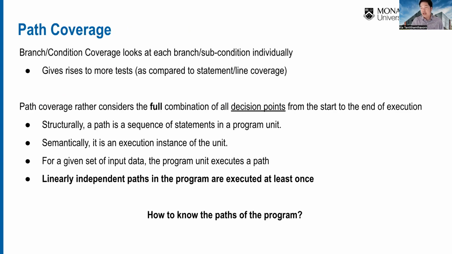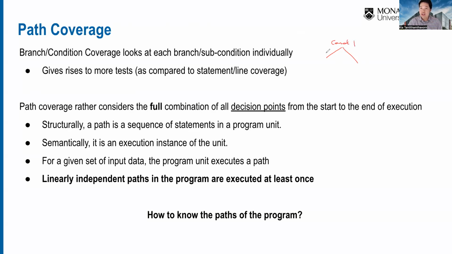So basically, what is path coverage? What I want to say here is that last time when we talked about the branch or the condition, we just looked at it individually, but it's not the combination or the path of the whole program. Maybe I should draw something. I think this is probably something that you remember before.